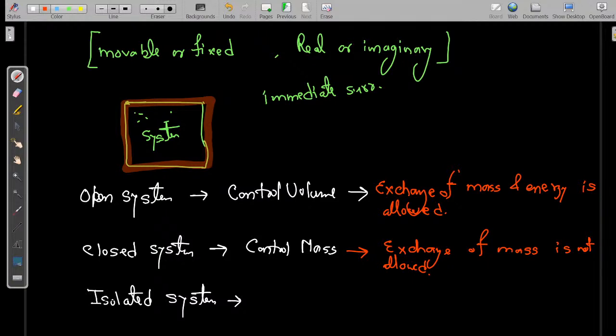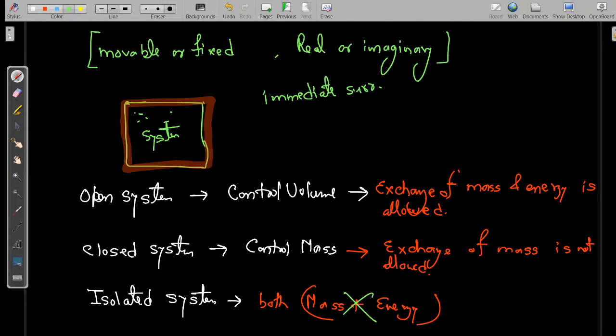Okay, and in case of an isolated system, both mass plus energy exchange is not allowed. When exchange of mass is not allowed, that means mass inside the system remains constant. Mass is not changing for a closed system.